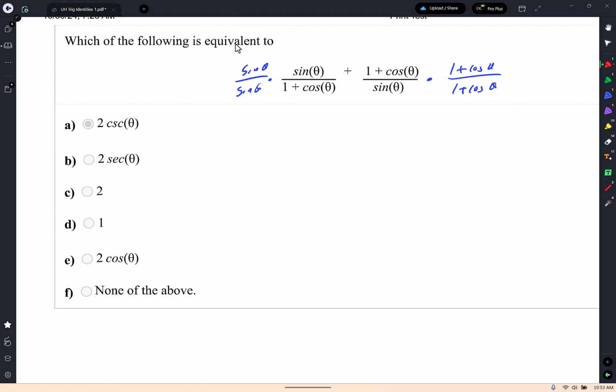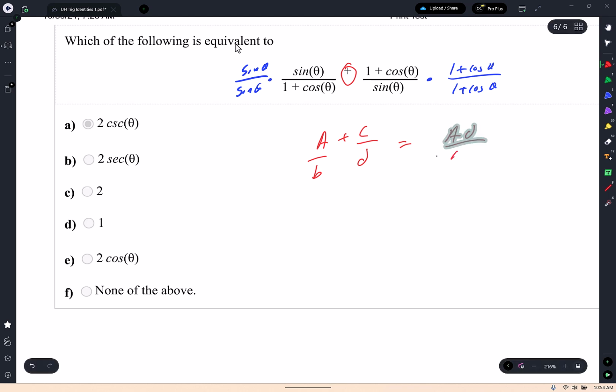No, what do you mean? Because there's a plus in the middle. I'm not multiplying. Oh, you're doing an advanced technique. A over B plus C over D is the same thing as AD over... I'm not going to do any tricks.